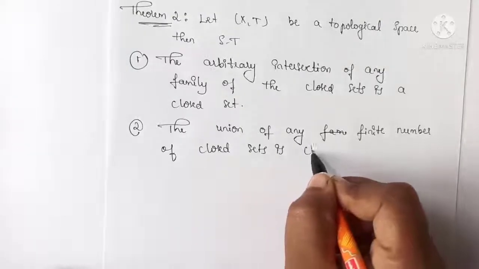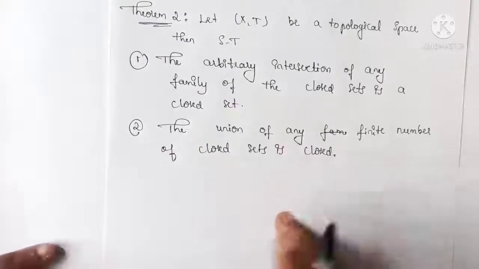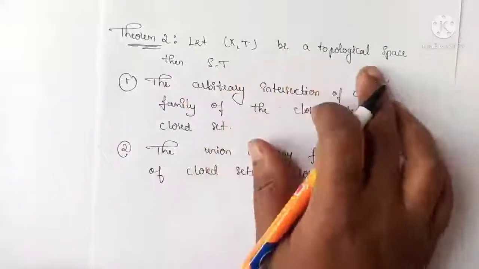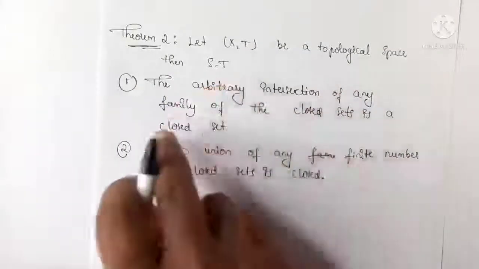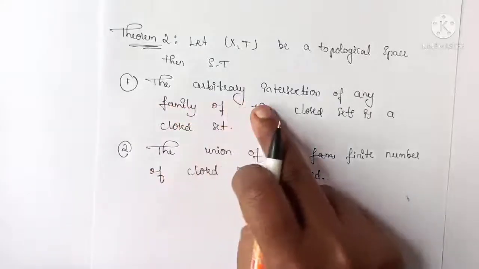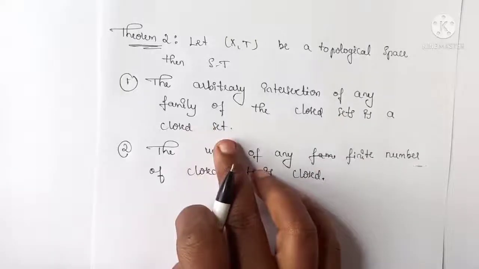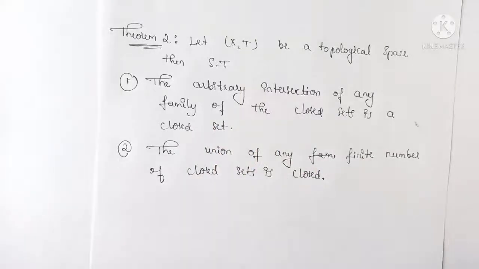So here, let (X, T) be a topological space, then we have to show that first, the arbitrary intersection of any family of closed sets is a closed set. Arbitrary means we consider an arbitrary collection of sets which are closed, and we have to show that their intersection is closed, so we show that their complement is open.